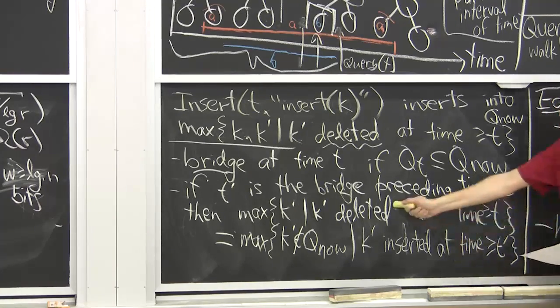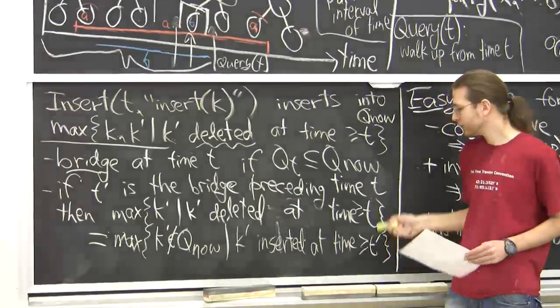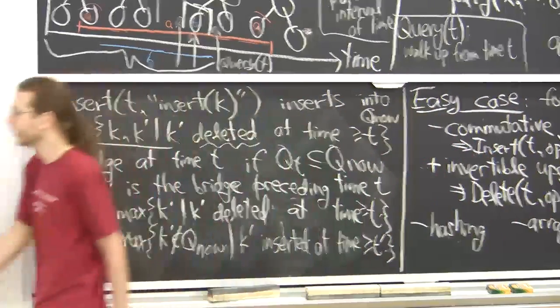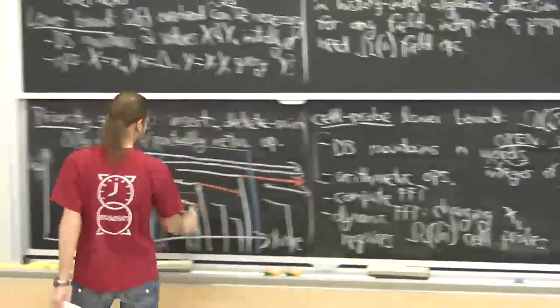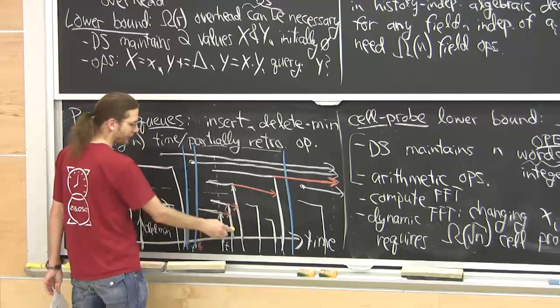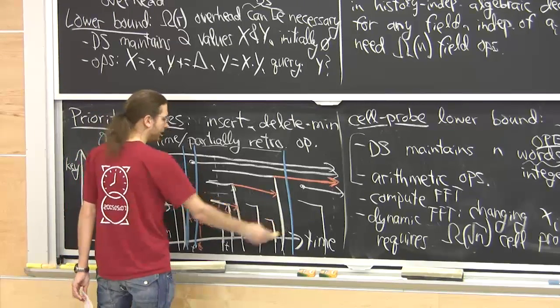So basically, I can turn the word deleted into the word inserted if I change t to t prime. And I also have to exclude the guys at the top. So we're looking at a particular time like here. I want to know who are the things that are deleted after that. Well, this is deleted, all these guys are deleted after.